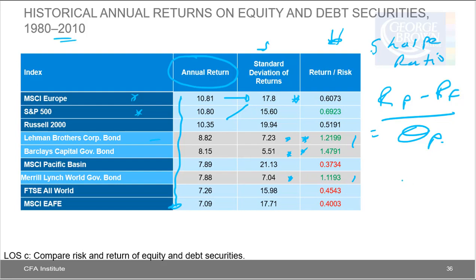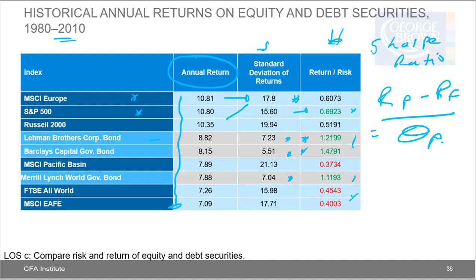And that's one of the reasons why bonds are attractive to add to a portfolio: the lower standard deviation of returns, and also the negative correlation to stocks in general, which we've looked at in a previous slide. So you can see here, I highlighted in green, that the S&P 500, when we're looking back at the stocks, has a pretty good return to risk ratio, 0.6923, okay?